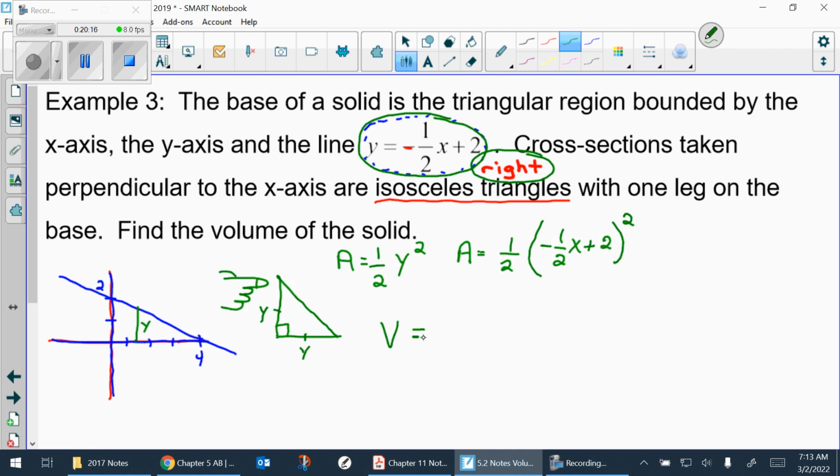So the volume is equal to, now I'm going to leave a suspicious space before an integral. And everything's in terms of x's. So where do the x's start in this figure? Where do the x's end in this figure?